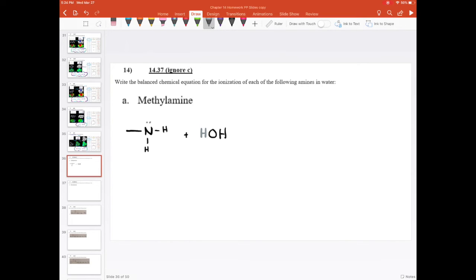This methylamine is going to act as a base, and what that means is it's going to accept an H+. So it's going to accept an H, and it's going to accept a plus charge. The rest of the molecule is all going to stay the same.